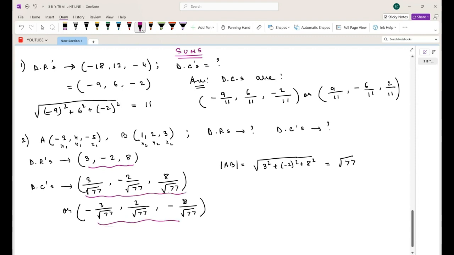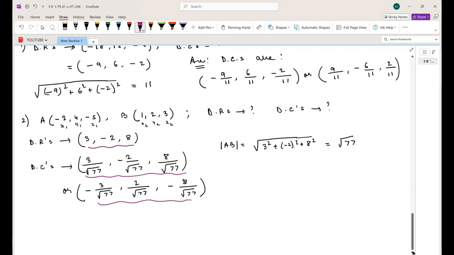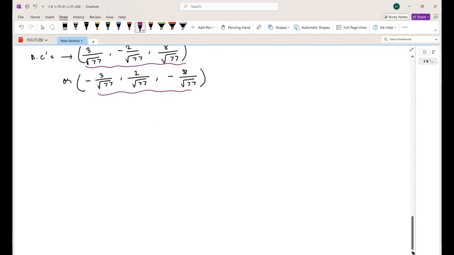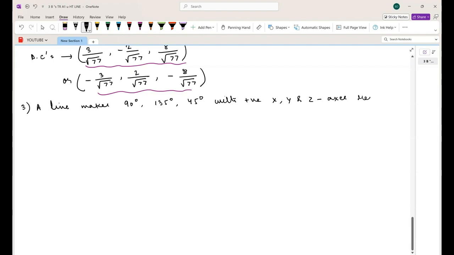When 2 points are given. Okay. Number 3: a line makes 90 degree, 135 degree, 45 degree with the positive x, y, and z axis respectively.